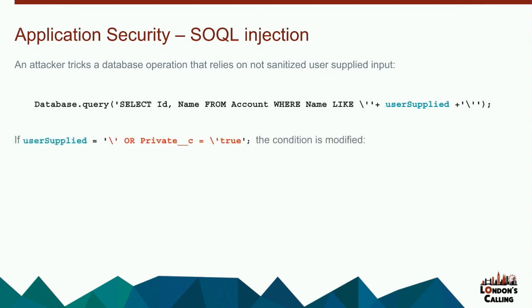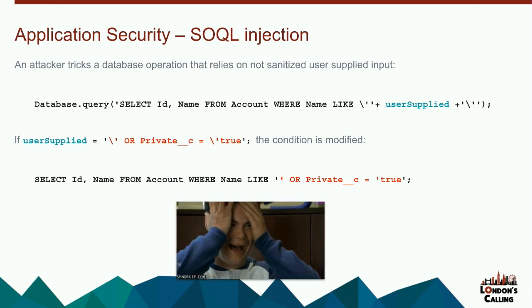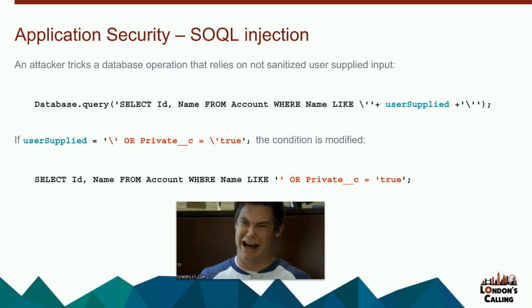And let's say that we supply this string here. Not us, but an attacker. In that case, what will happen is that my query will be modified and we not only will be bringing accounts whose name is empty, but also all our private accounts in our organization. And this is me when I noticed that that has happened.